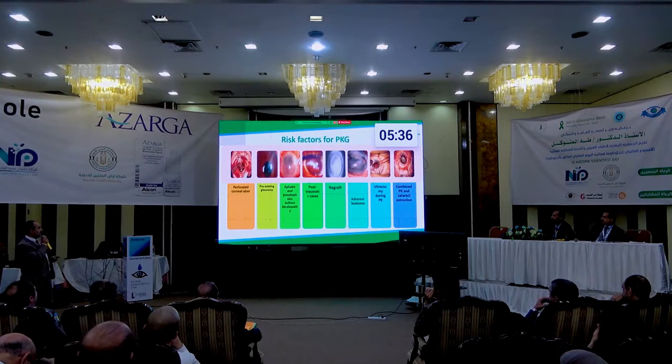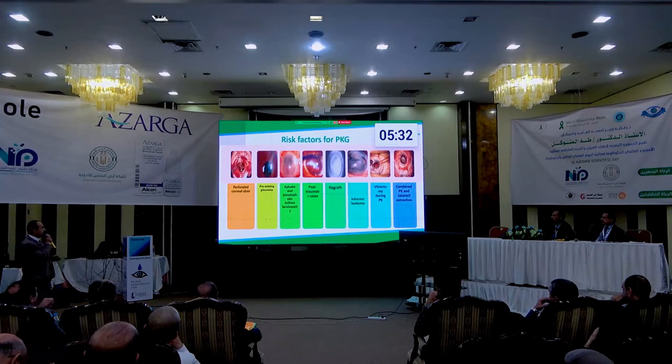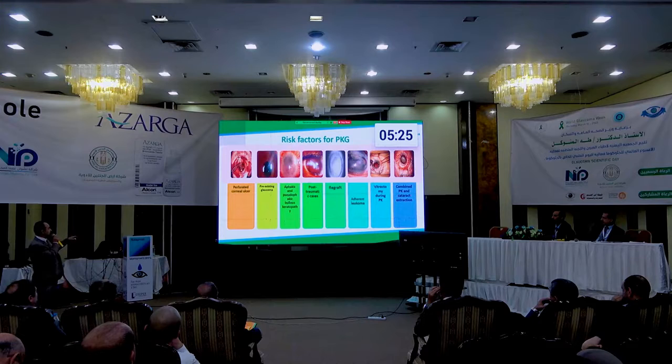Okay, these are the higher risk factors for post-keratoplasty glaucoma. The most common is pre-existing glaucoma, and the second is aphakic and pseudophakic bullous keratopathy. Also, perforated corneal ulcer is related to peripheral anterior or posterior angle synechia.